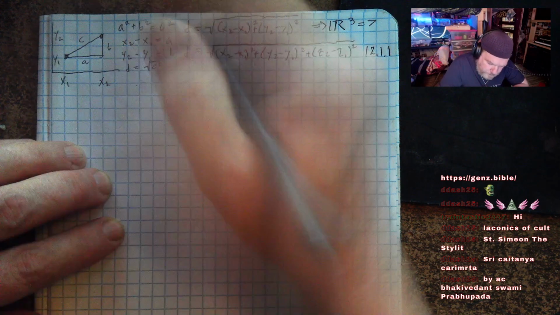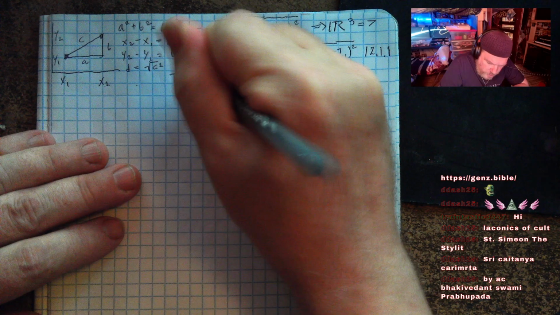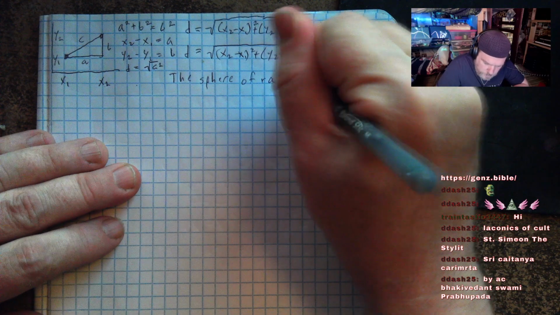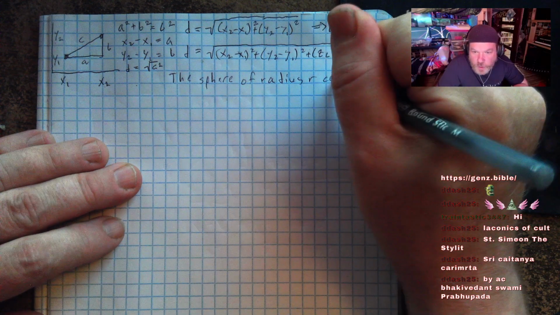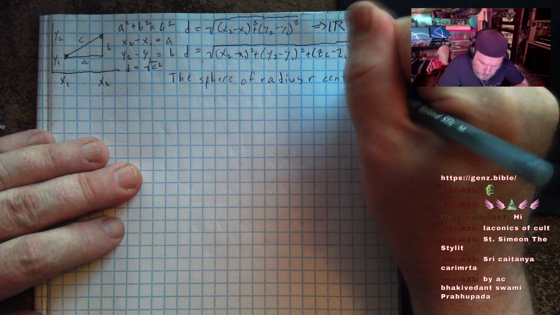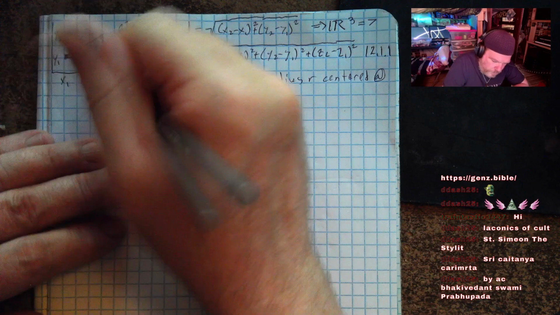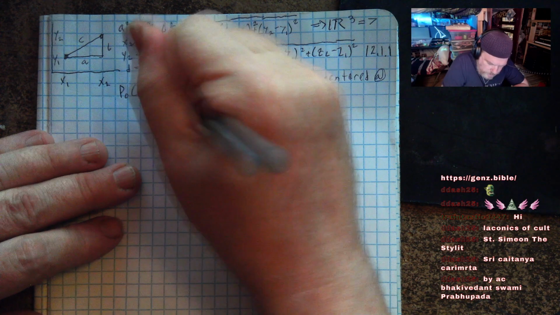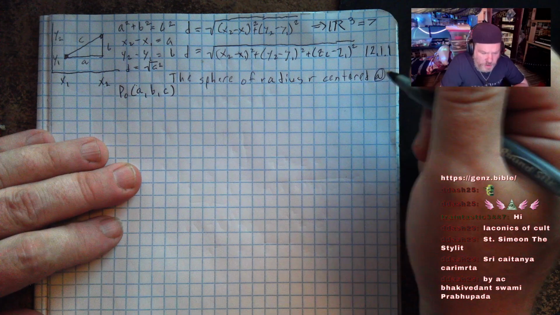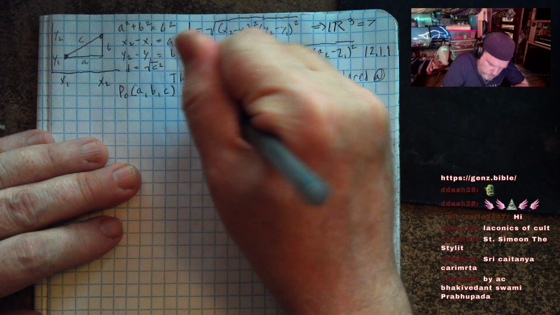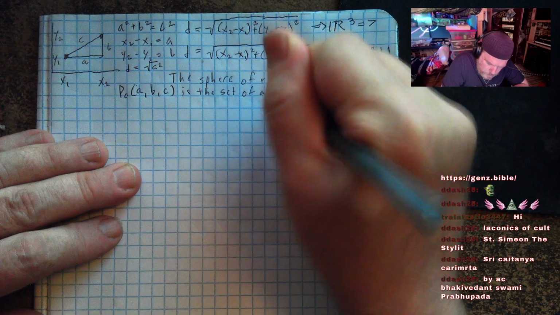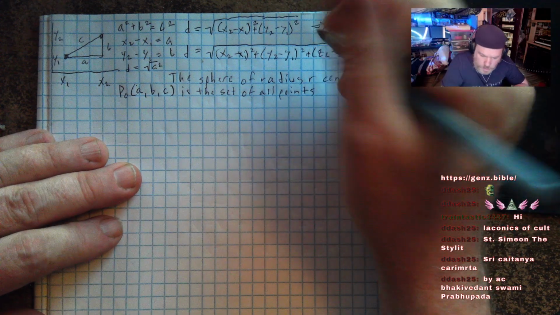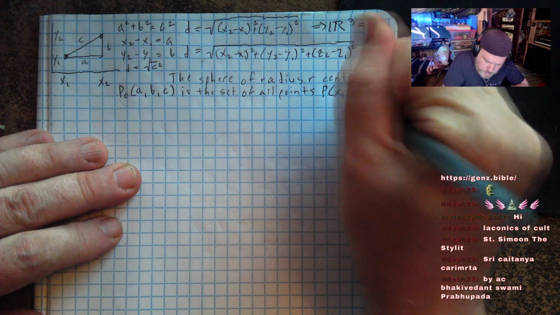Let's see. The sphere of radius r centered at P naught (A, B, C) is the set of all points P(X, Y, Z).